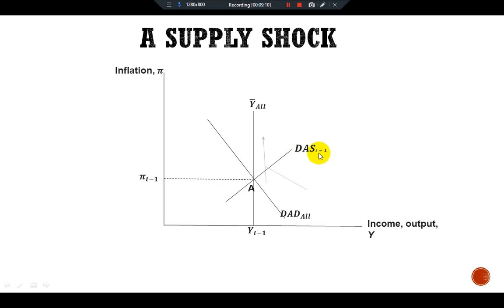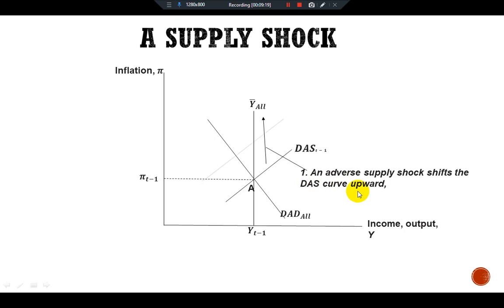to DAS t. So an adverse supply shock shifts the DAS curve upward to this point, that is DAS t.